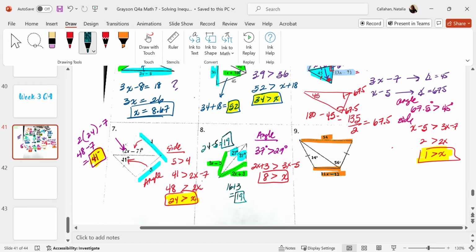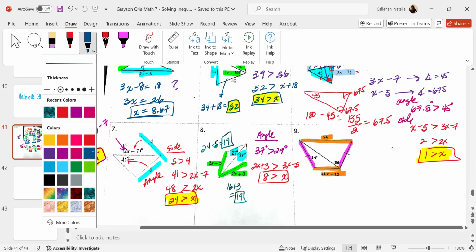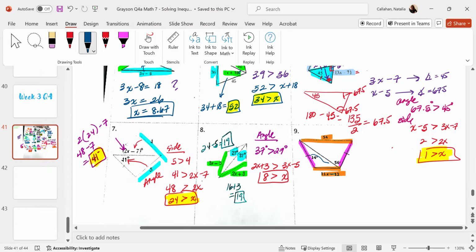If these two sides are equal, do you see those two sides? That means the opposite of those angles are also equal. Opposite of this side is this angle right here. Opposite of this side is this angle right here, right? Those two angles are equal, okay?